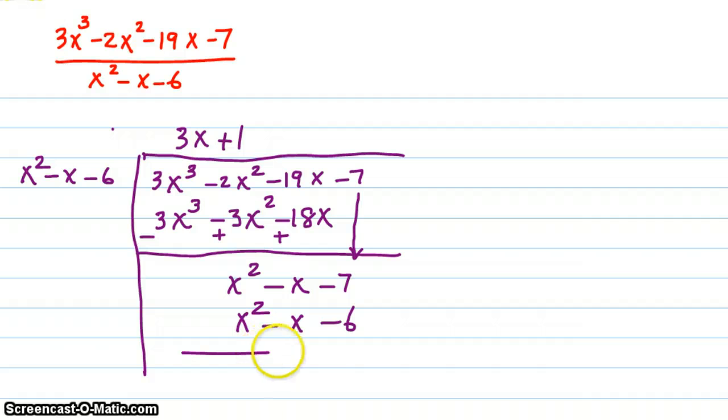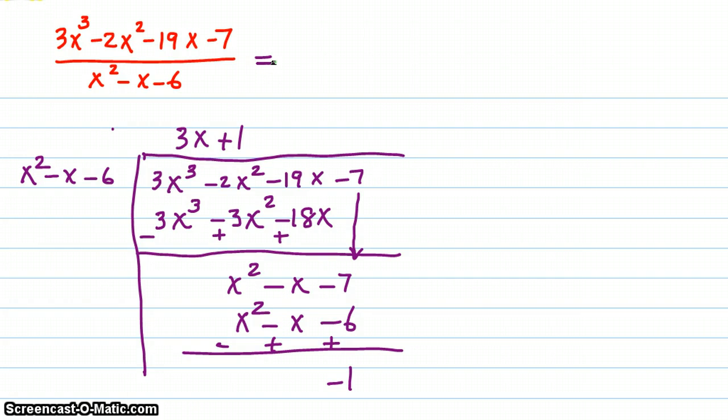I need to do the same thing as before: subtract, or add after changing the signs. So x squared minus x squared is 0, minus x plus x is 0, minus 7 plus 6 is minus 1.